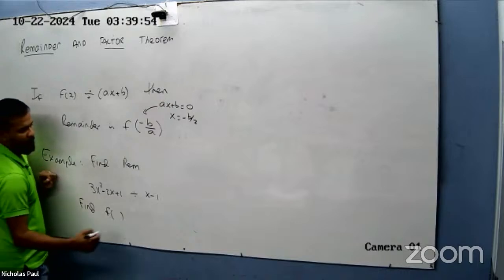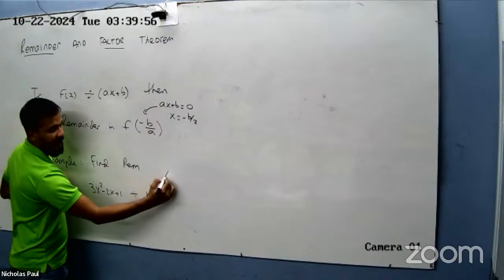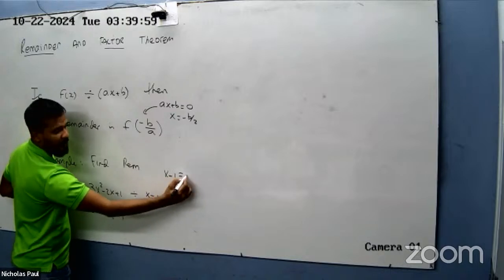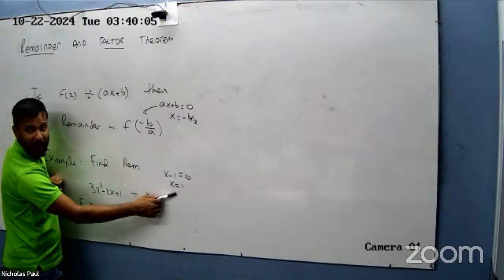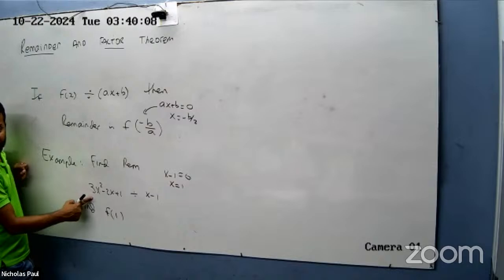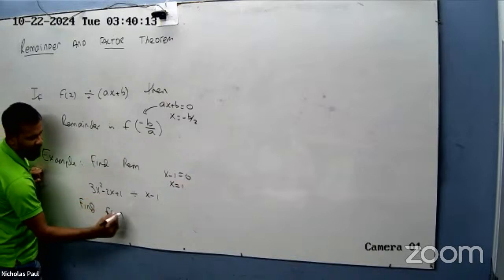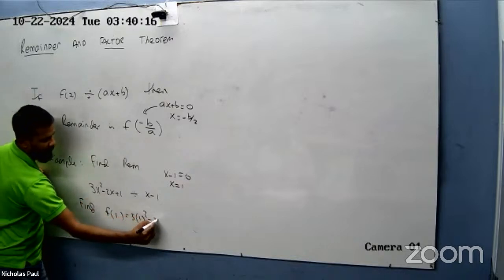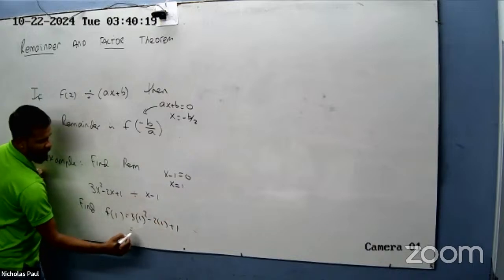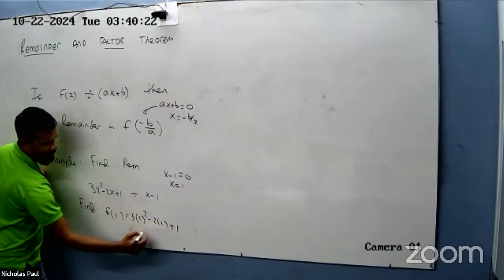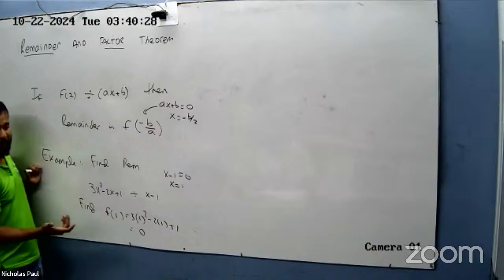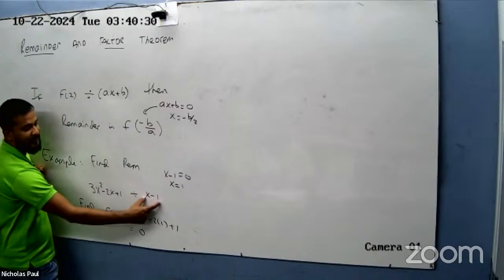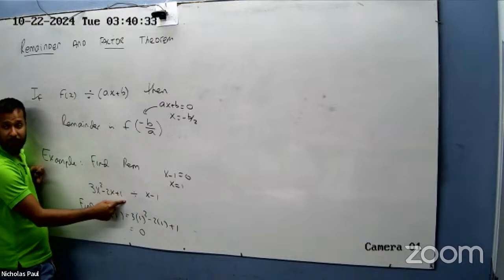Take x minus 1, make it equal to 0, and solve for x. I'm going to take that value and put it in this function here, and that will give me the remainder. So if I find f of 1, I get 3 by 1 squared minus 2 by 1 plus 1. So that's 3 minus 2, which is 1, plus 1 is 2. So to get the remainder, all I have to do is make this equal to 0, take that value, put it in here, and that's the remainder.